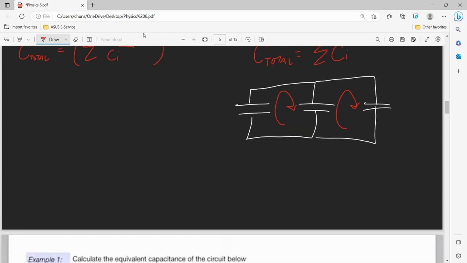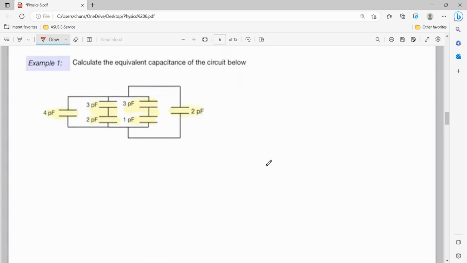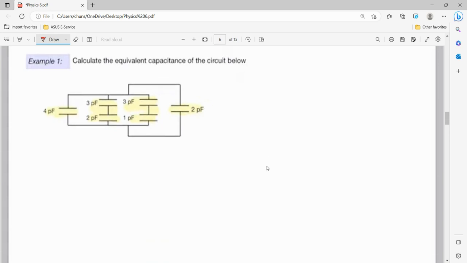So V1 would equal V2 would equal V3 in each window pane of our system. Because of our equal voltage, that's why we will be adding capacitance just as is when they are in parallel. Okay, so let's make an equivalent circuit.